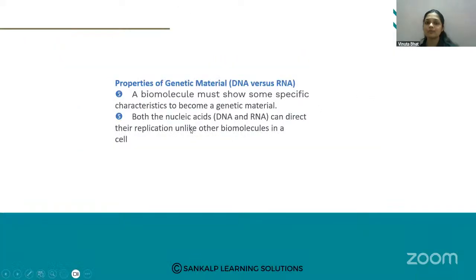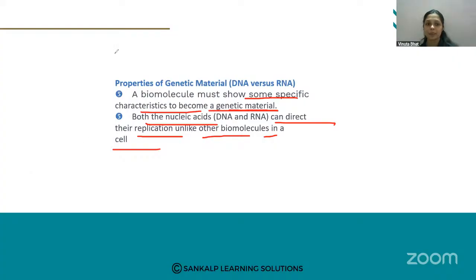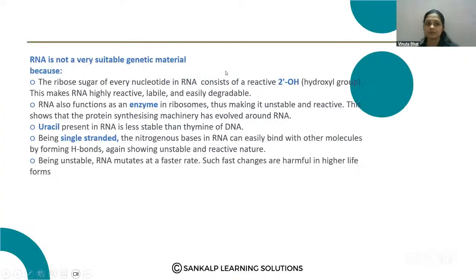Then, a biomolecule must show some specific characteristics to become a genetic material. Both nucleic acids, RNA and DNA, can direct their replication, unlike the biomolecules in a cell. But RNA is not a very suitable genetic material.